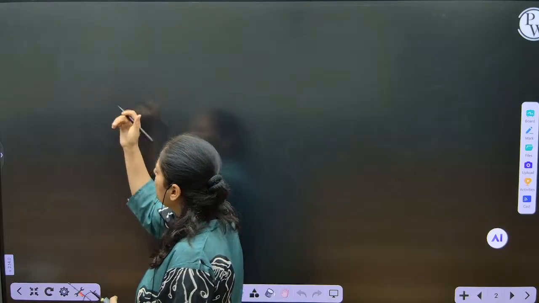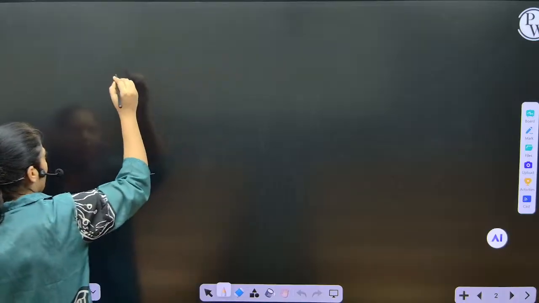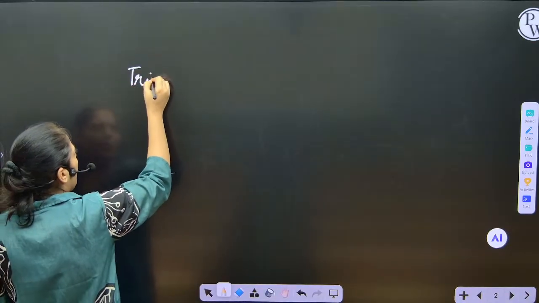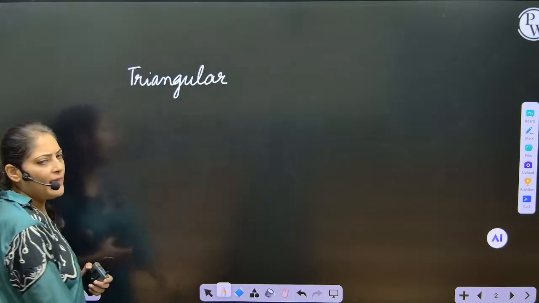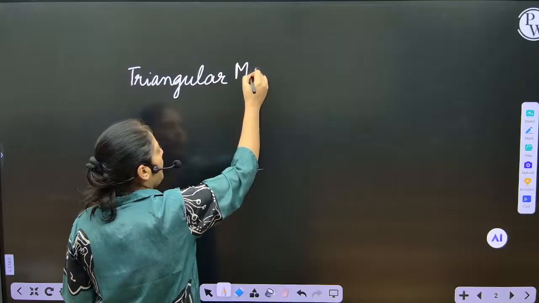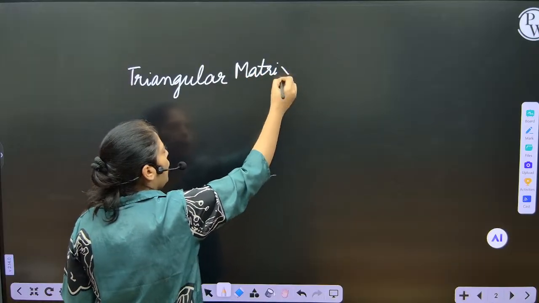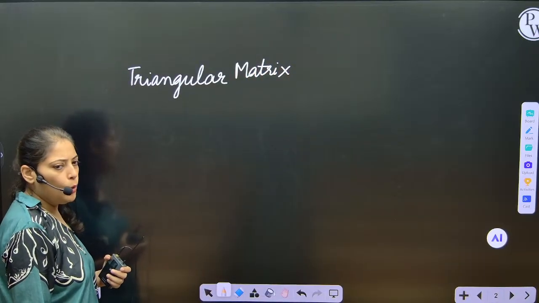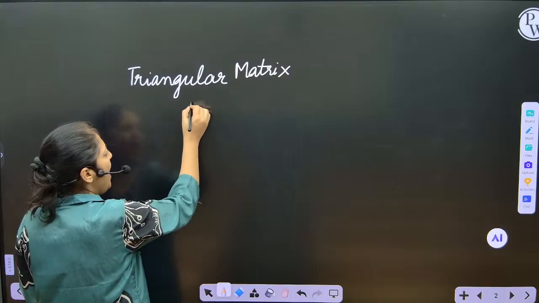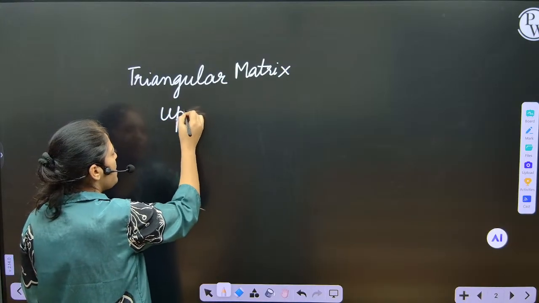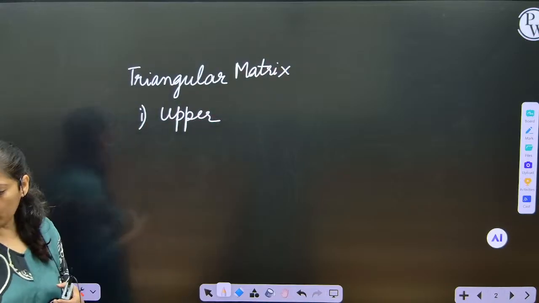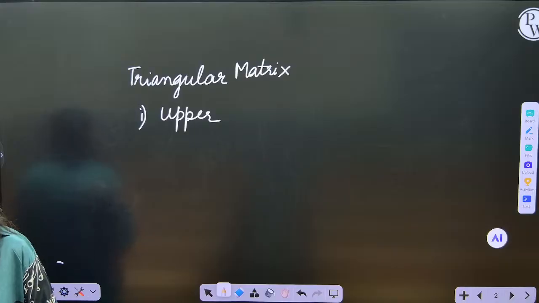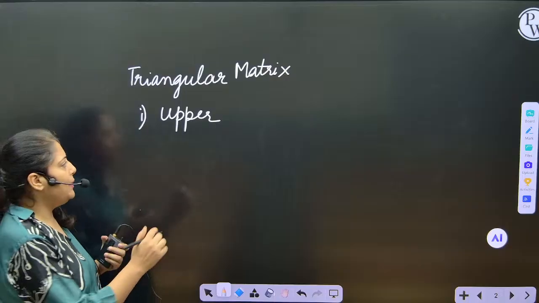Today I am going to do one more type of matrix, that is either an upper triangular matrix or a lower triangular matrix. As the name depicts itself, suppose I'm talking about upper triangular, it means the upper numbers will be there.